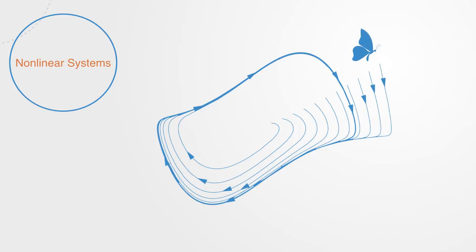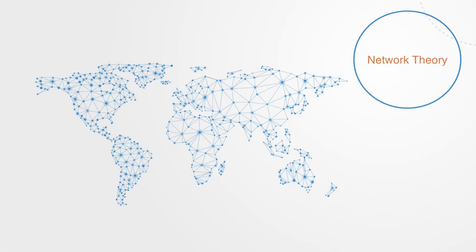We talked about the theory of nonlinear systems and how it has emerged out of the study of chaotic physical and chemical processes. We then discussed network theory as another major domain that understands complex systems in terms of connectivity and how things flow through these systems.